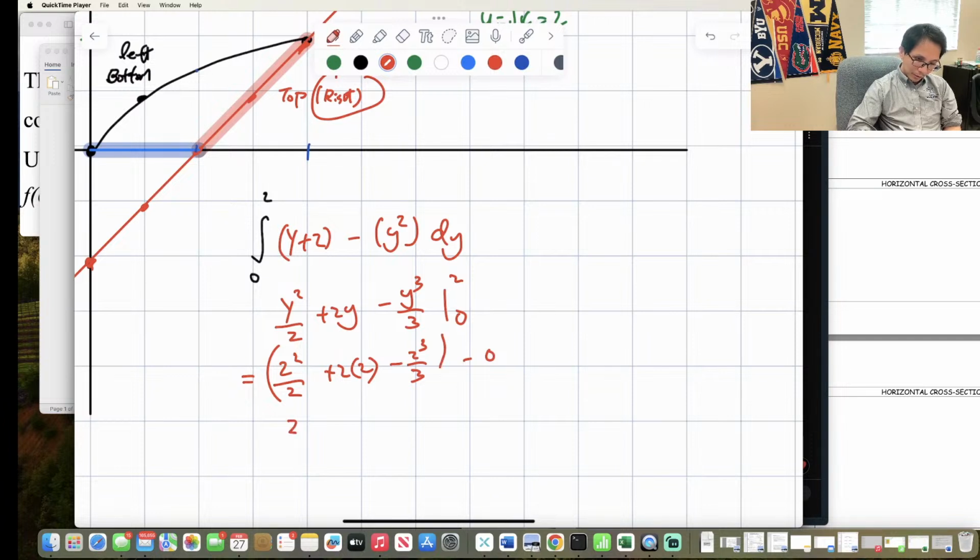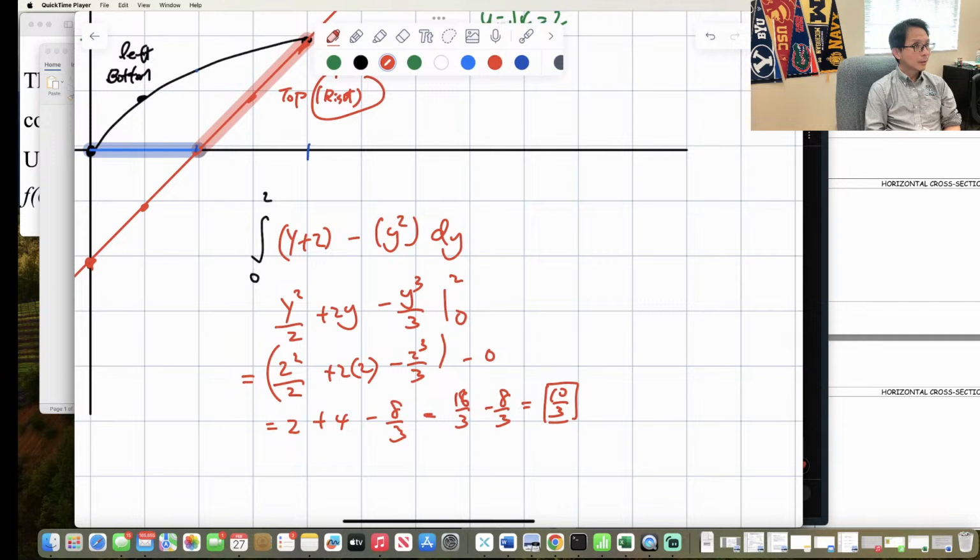So it's going to be 2 plus 4 minus 8 over 3. So it'll be 6, which is 18 over 3, minus 8 over 3. That's equal to 10 over 3. See how easy this calculation is. There's no 2 integrals. There's no something to the 3 over 2 power. They're just simple numbers.